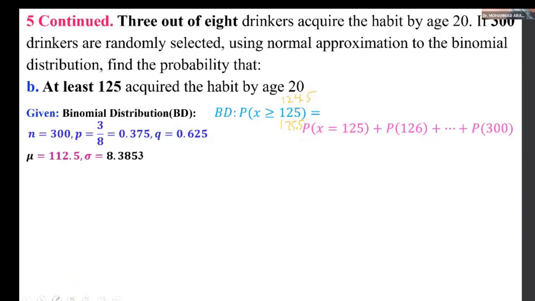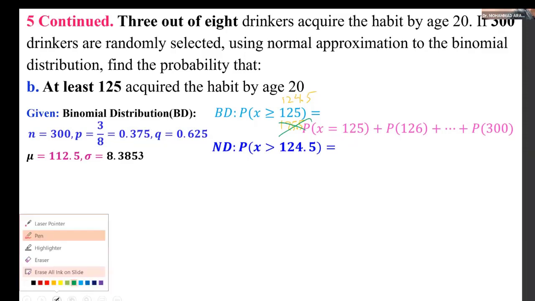Therefore, we're not going to use that. We're going to use 124.5. We are going to go to the standard normal distribution. So binomial distribution, normal distribution with proper justification.